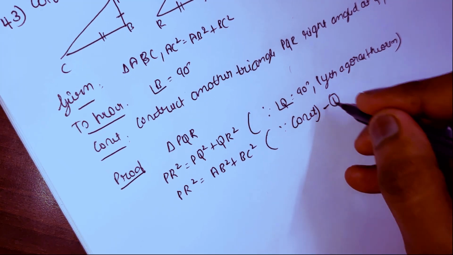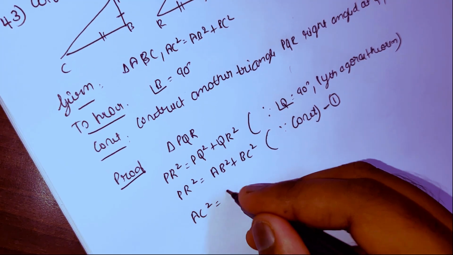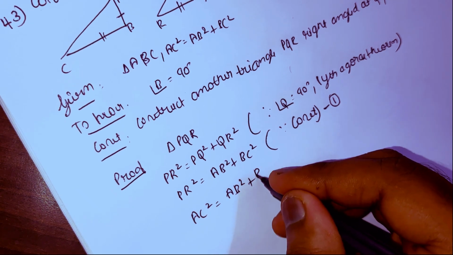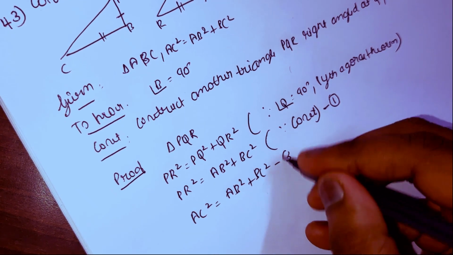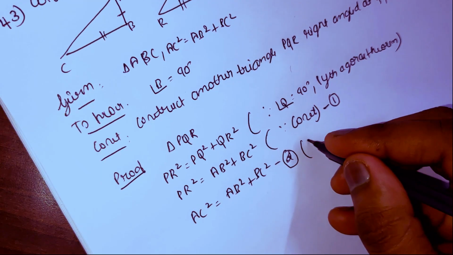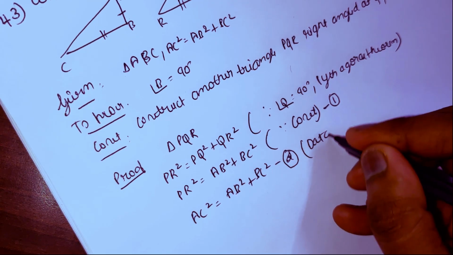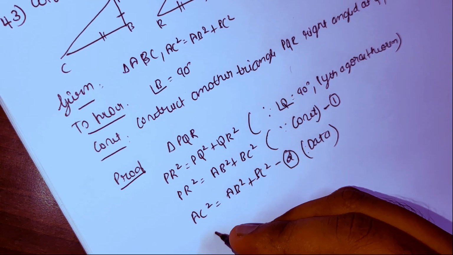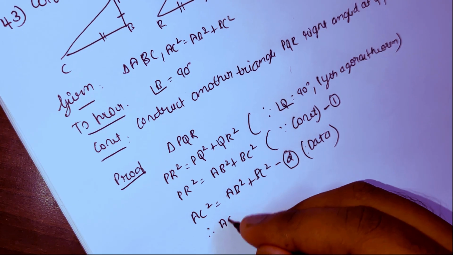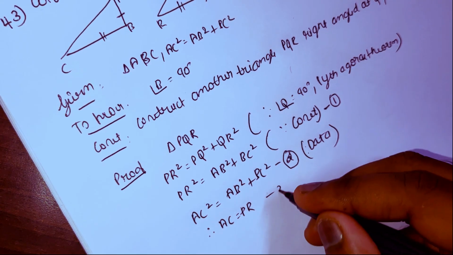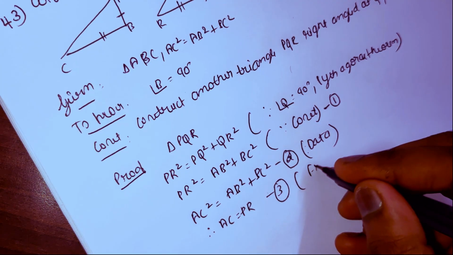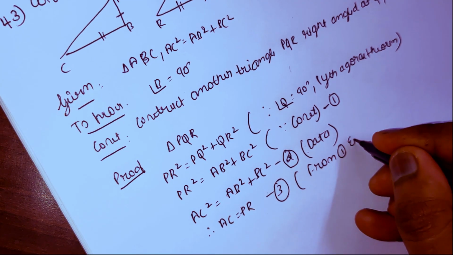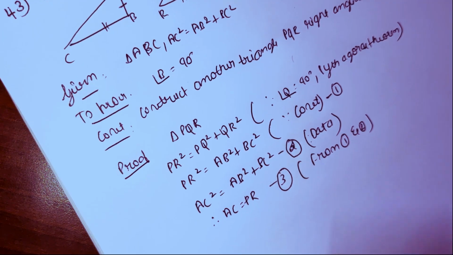Consider this as first equation. AC square is equal to AB square plus BC square. This is by given data. Consider this as second equation. Therefore, AC is equal to PR. Consider this as third equation. This is from first equation and second equation.